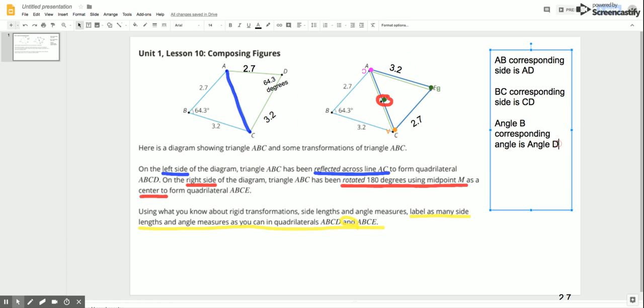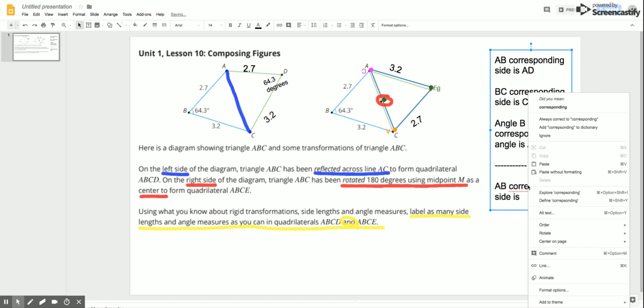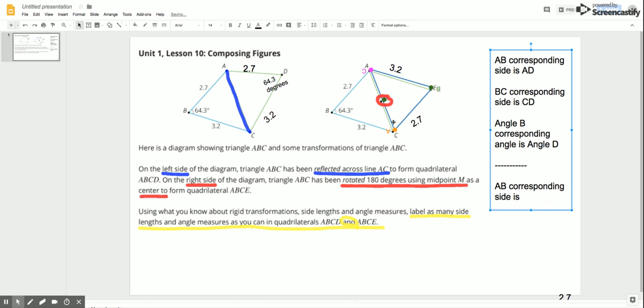All right, let me go ahead and update our corresponding side and angle list. Let's put a break here, because now we're talking about the right figure. So we know that side AB's corresponding side, let me make sure I spell that correctly, corresponding side to side AB is the new AB, which is actually CE.